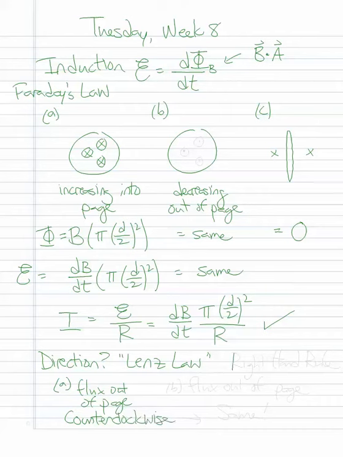This is a right-hand rule problem again. For B, now if the field is decreasing out of the page, then the induced field is going to, well, look, again make flux out of the page. And so it's again counterclockwise. Cool problem. That's the end.